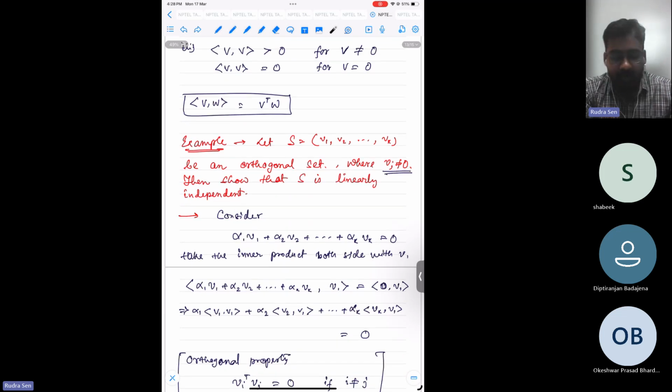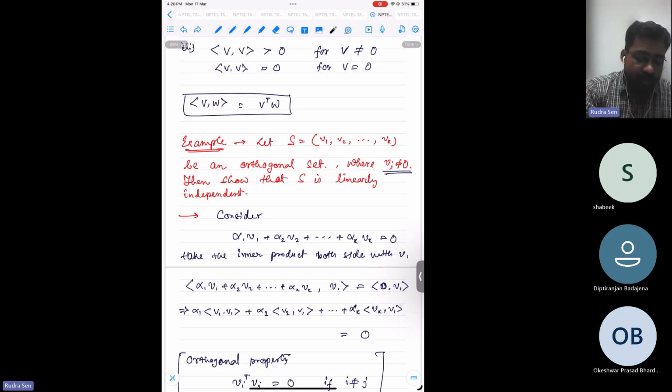The question says that S consists of V1 to Vk, a number of vectors which lie in the columns of the matrix, and V1 to Vk are orthogonal to each other. None of the Vi's are zero vectors.